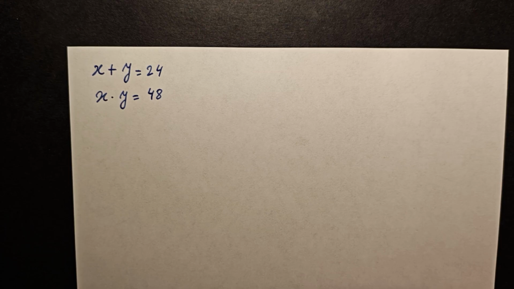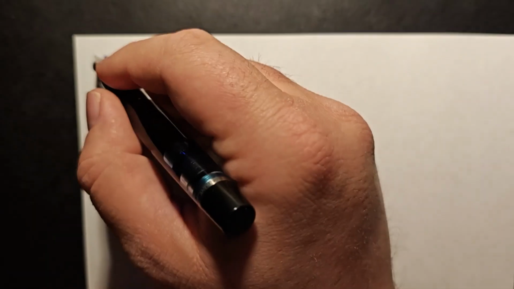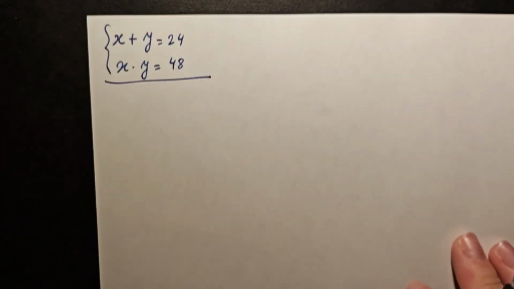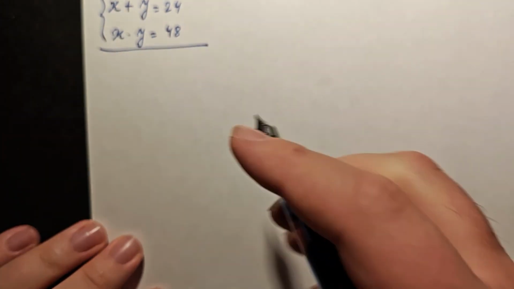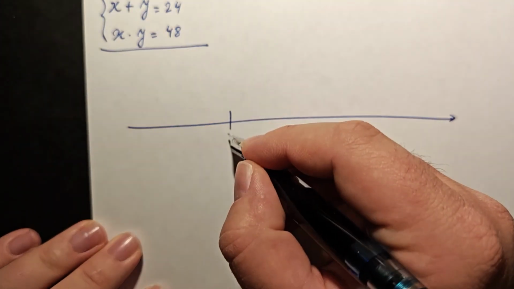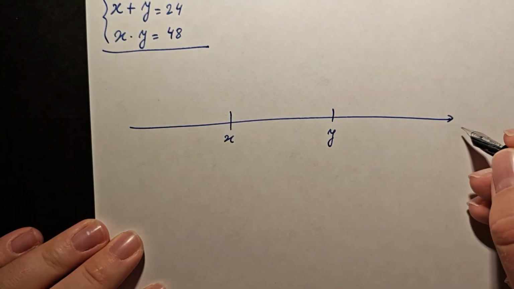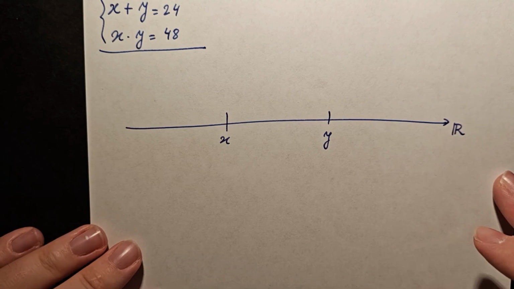So we are going to take a look at our starting system of equations, and we are going to observe numbers x and y on the line of all real numbers.